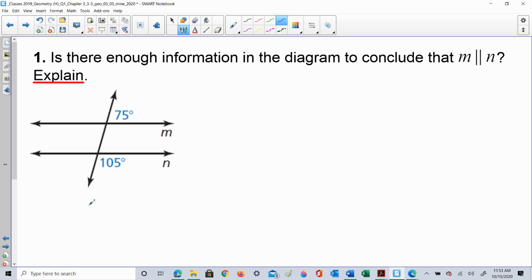Explain. Is there enough information in the diagram to conclude that these are parallel? Well, what kind of angles do we have? These are same side exterior angles. So if these two angles were supplementary, then these two lines would be parallel by the converse of the same side exterior angles theorem. So let me go to pen and I'll write in blue. Let's call it angle, I'll write it red. Call this angle 1 and angle 2.